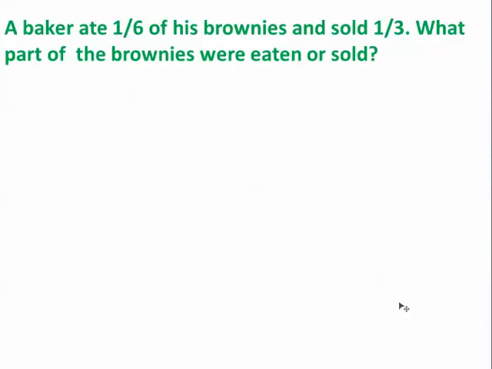So let's look at a couple of word problems, and we're almost done here. A baker ate 1/6 of his brownies and sold 1/3 of his brownies. What part of the brownies were eaten or sold? In other words, what is 1/6 times 1/3?